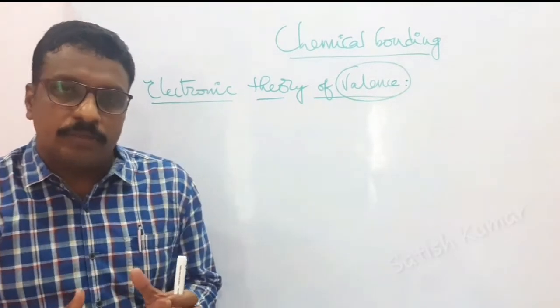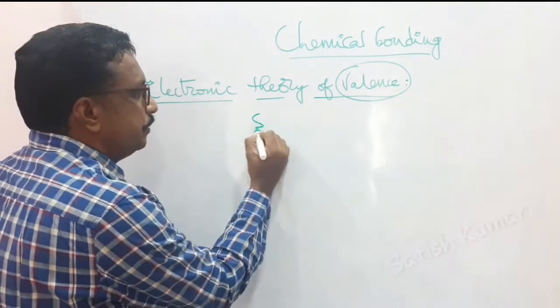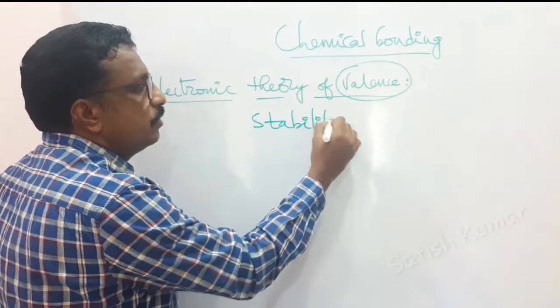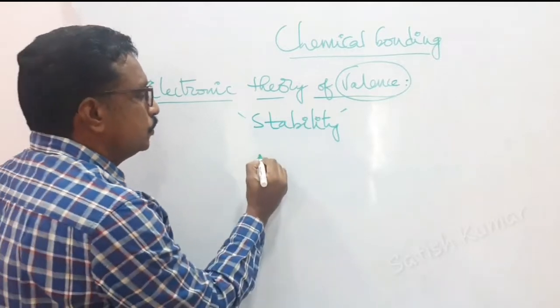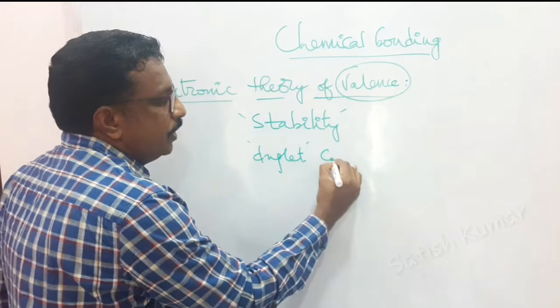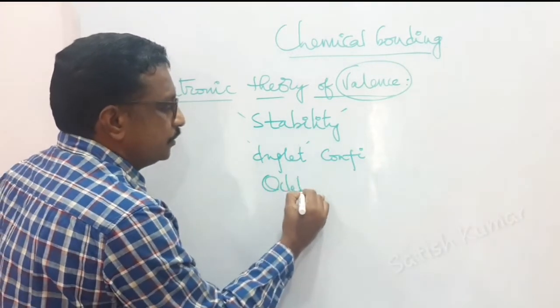The reason for any bond formation is simply stability. బాండ్ ఎన్ని ఫామ్ అవుతుందంటే స్టెబుల్గా ఉండడానికి. స్టెబుల్గా ఉంటామంటే టు హ్యావ్ ద డ్యూప్లెట్ కాన్ఫిగరేషన్ or octet configuration.